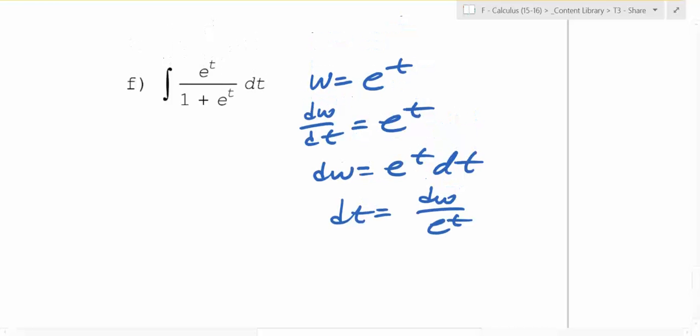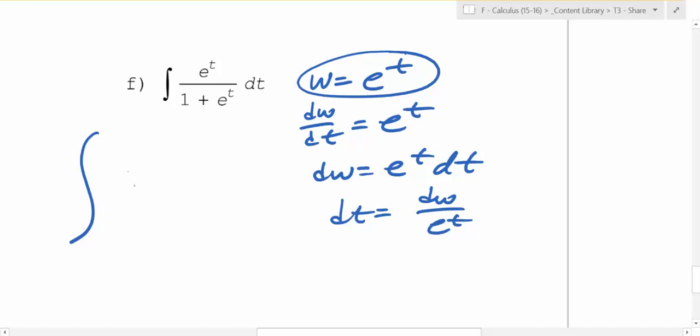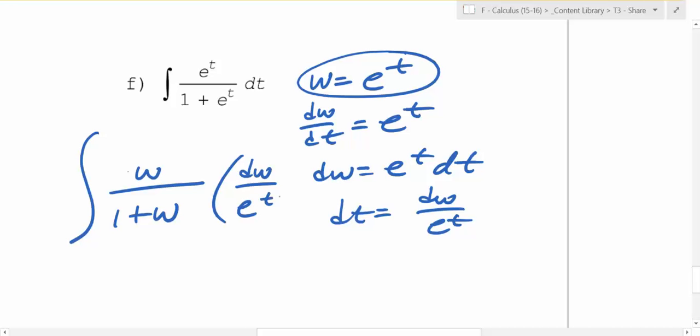Perfect. So what does the integral become? Do the substitution. w over 1 plus w times what? Over e to the t. What's the problem now? Well, we know w is equal to e to the t, right?